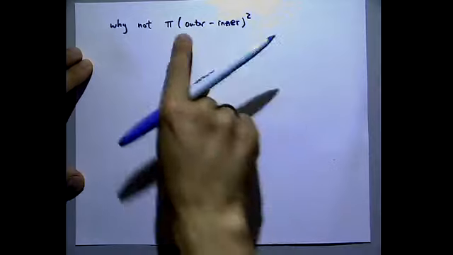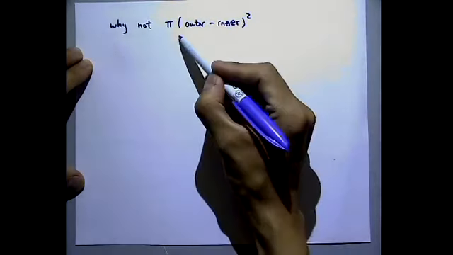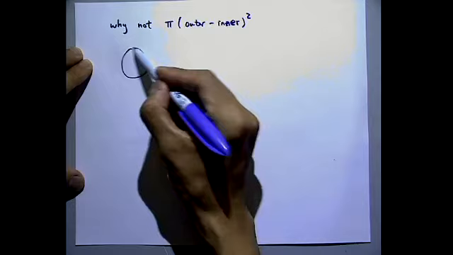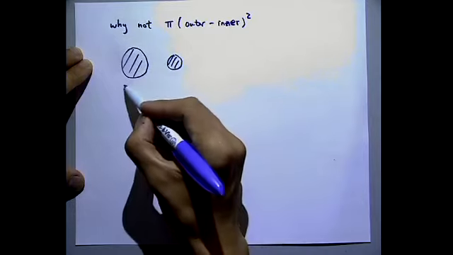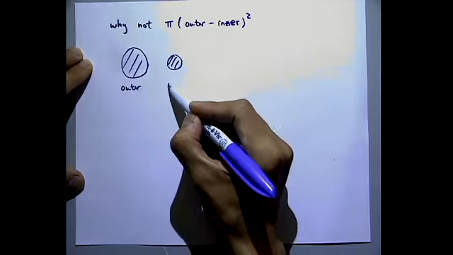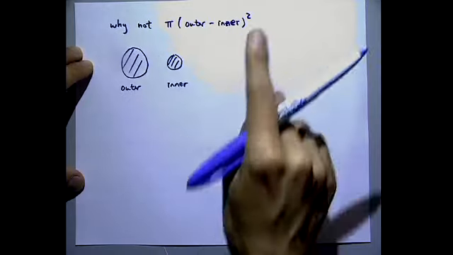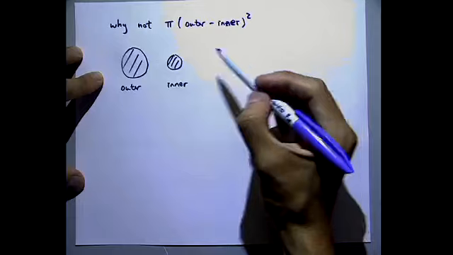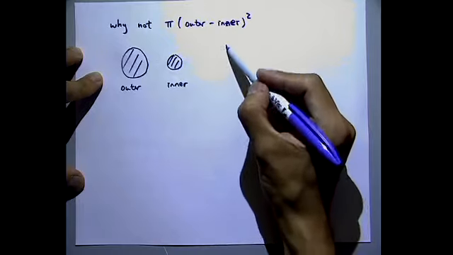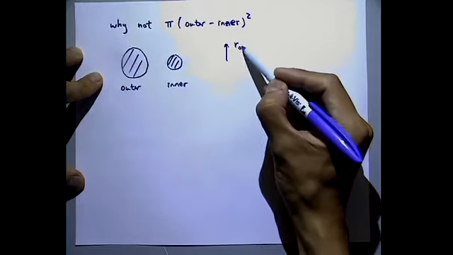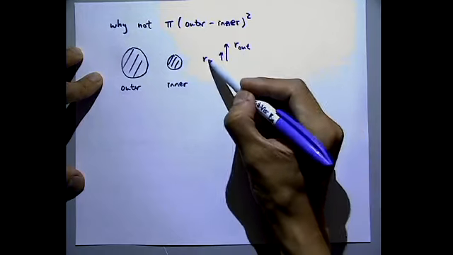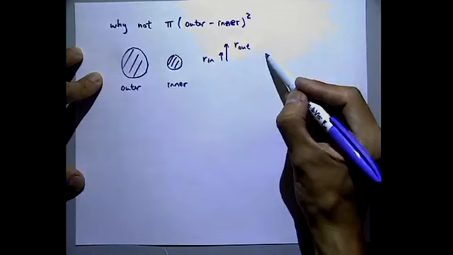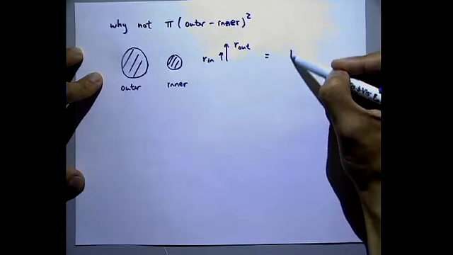Okay. So what you're doing here, actually, you're saying that, so suppose this is the outer one. This is the inner one. When you do outer minus inner, so that's our out, and this is our in. Then what you end up getting is something that looks like this.